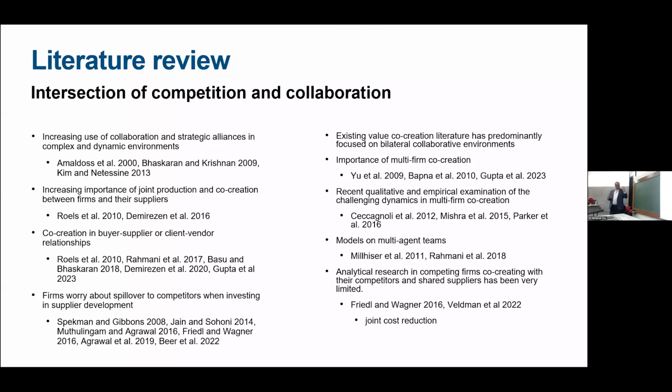How do we reduce the cost of collaboration? I'm not going to talk about any of that. I'm going to talk about something more strategic. Is collaboration good? If collaboration is good, will firms collaborate? And if they don't collaborate, how can we make them collaborate? Three parts. That's the second one.